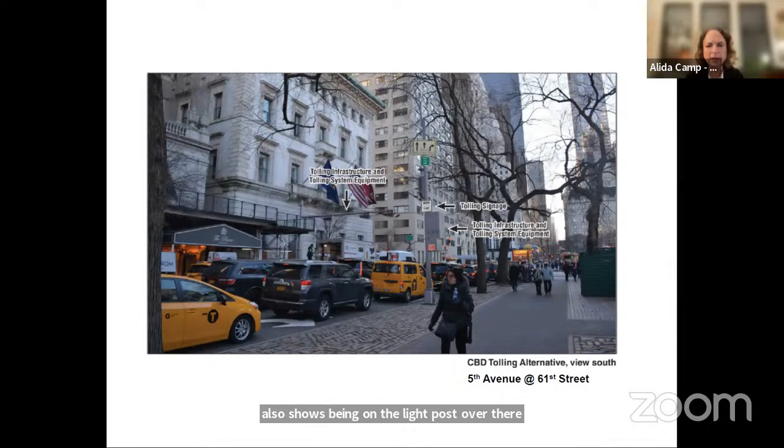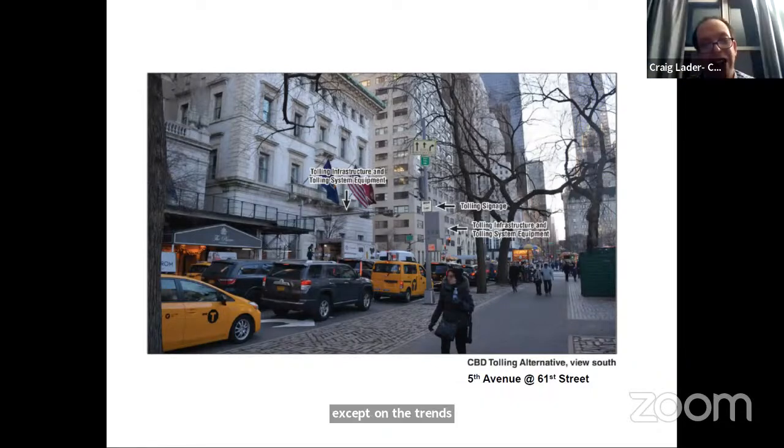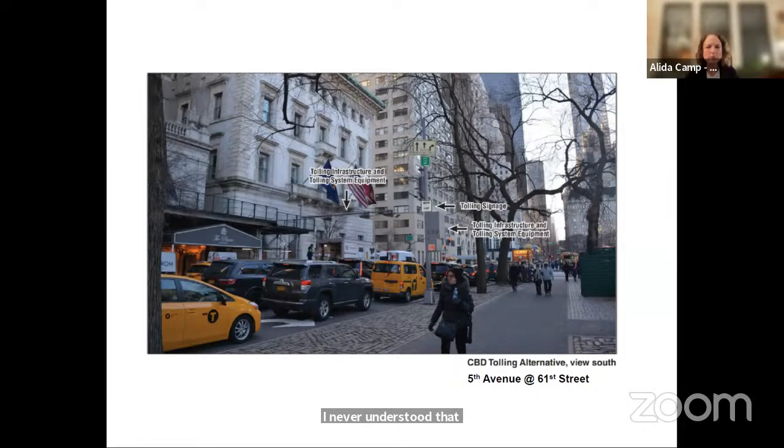I have a question, Craig. Why are they putting anything in Central Park? If it has infrared light at night, maybe there are no cars except on the transverses. I think that's a great question. I never understood that either. And also, we don't know what impact infrared light or anything else might have on the migratory birds or other animals that reside in Central Park, including the bees and things.